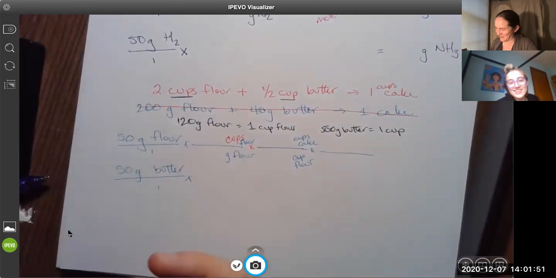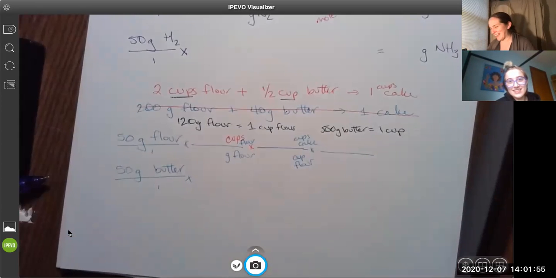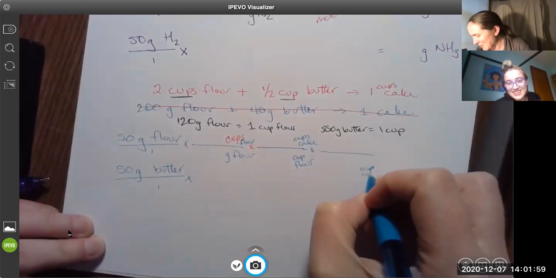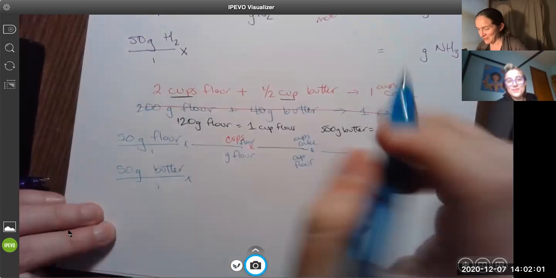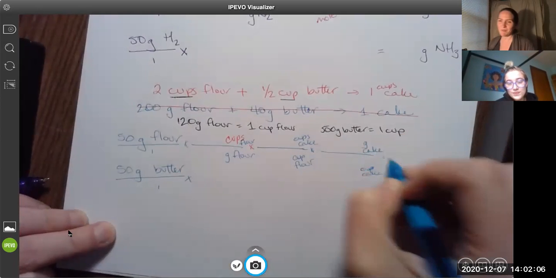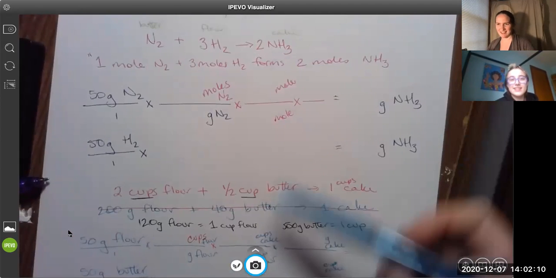Right. Awesome. Great. And now we're going to convert away from our cupcakes. That doesn't make sense. Cups of cake. Just to parallel the stoichiometry stuff, and then take it back to grams of cake. Just so that it kind of looks like this.